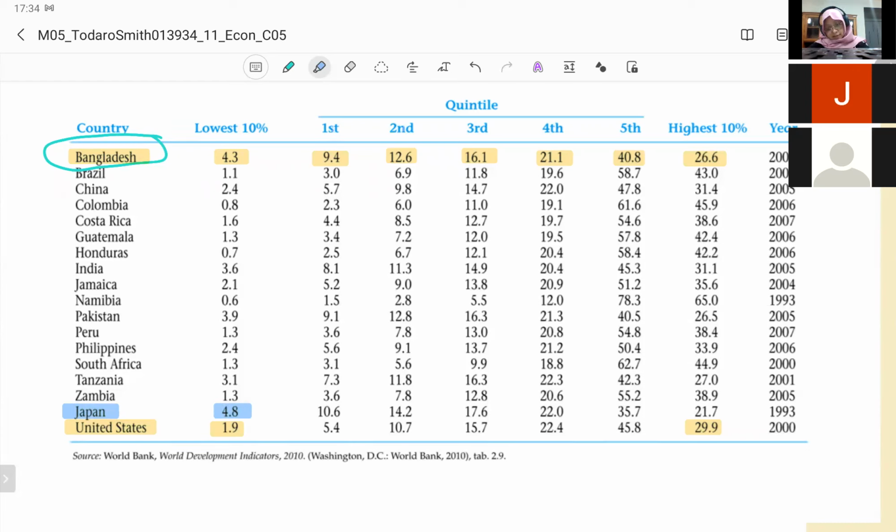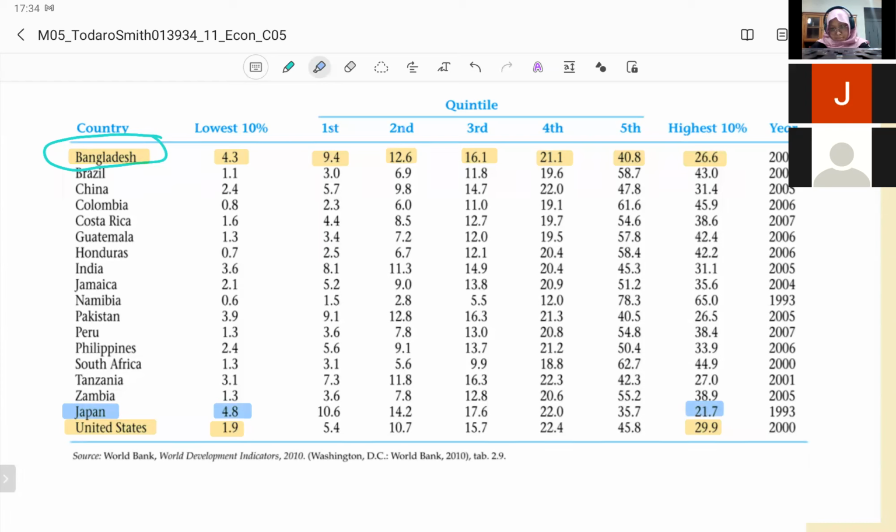Meanwhile, the richest 10% owns about 21%. It seems like the inequality problem in Japan is not worse than the US, right? Let's take a look at other countries that are more equal.